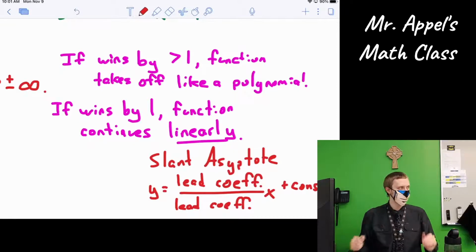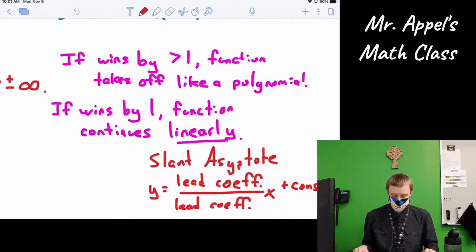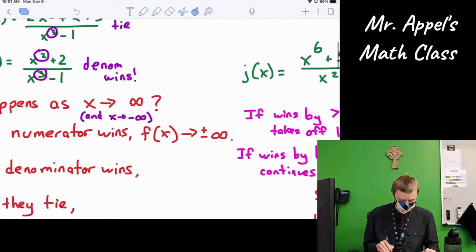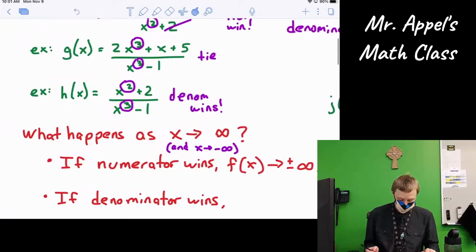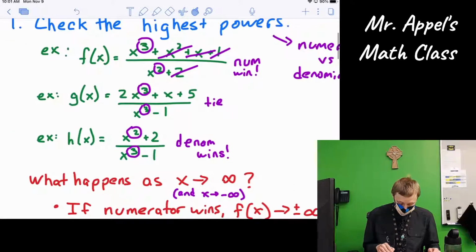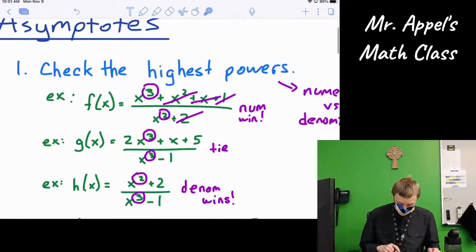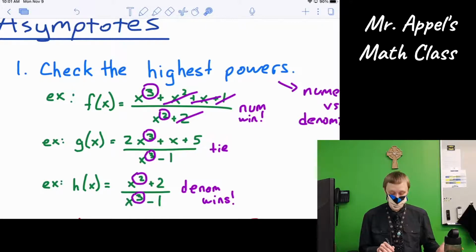You have a shift there. And I foolishly didn't put any, did I? Let me check which one. H was my example there. So our lead coefficient, which one was that? G. No. Who won by 1? F. F wins by 1, right? 3 versus 2. Numerator wins by 1.